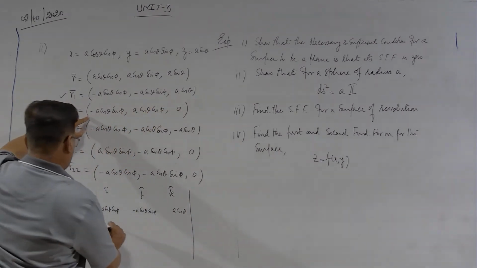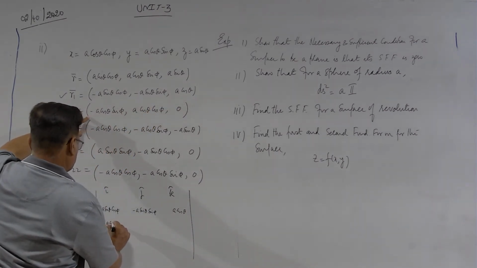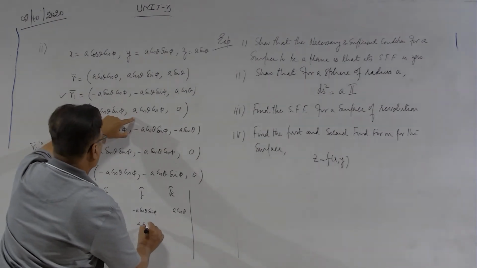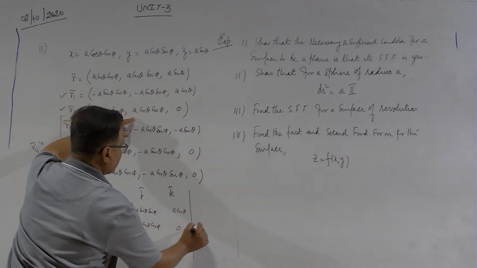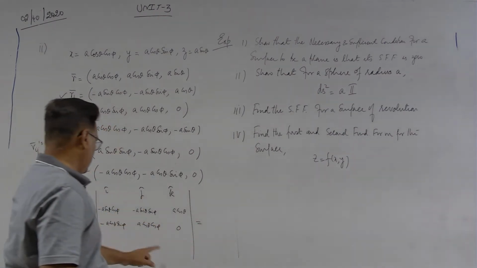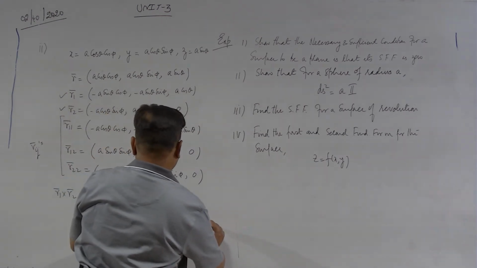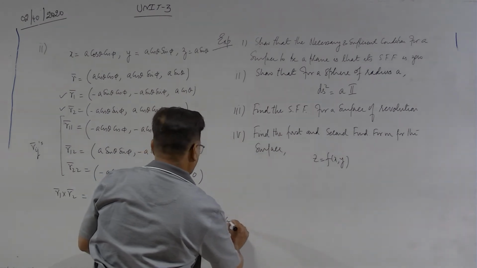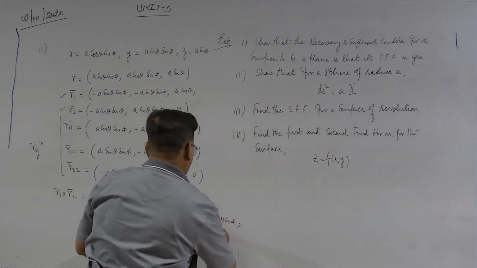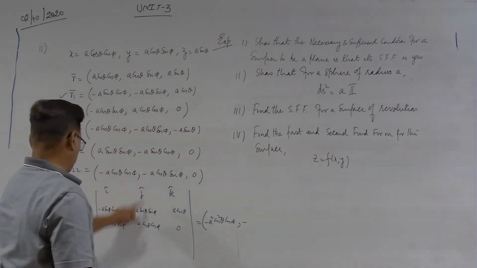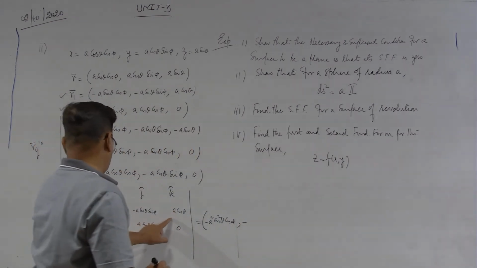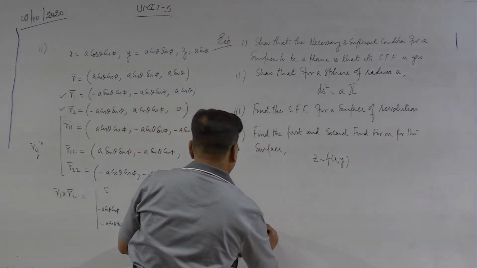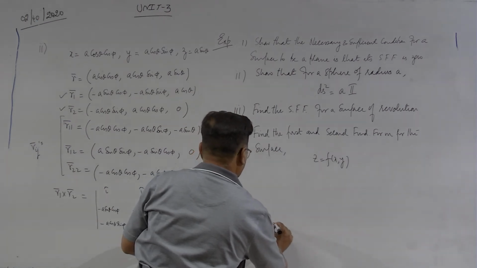R2 is minus a cos theta sin phi, a cos theta cos phi, 0. This is how much? 0. So, minus a square cos square theta cos phi, then minus this is 0, and this will become a square cos square theta sin phi.